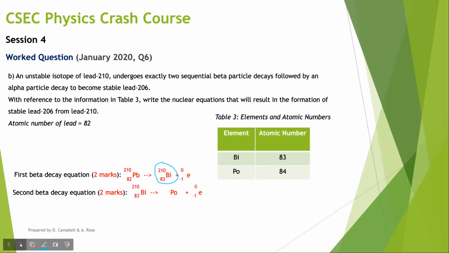Remember that once again, the beta particle has a mass of 0 and the charge is -1.